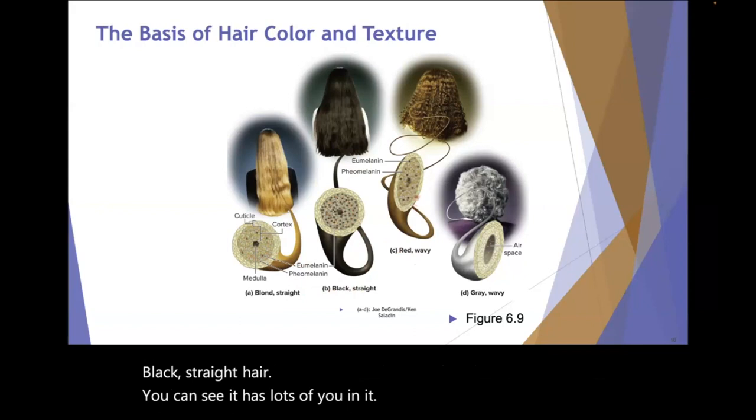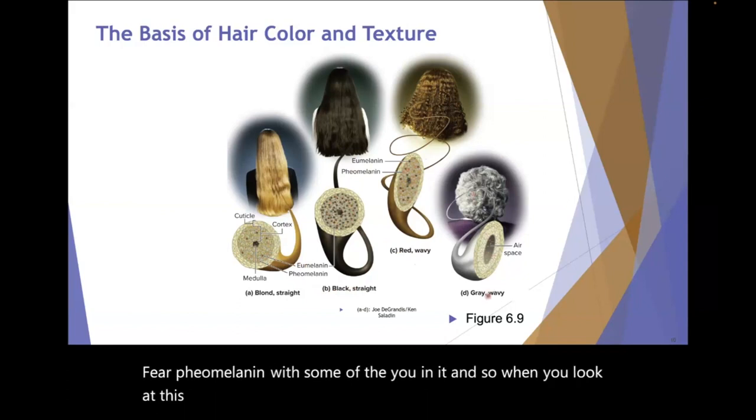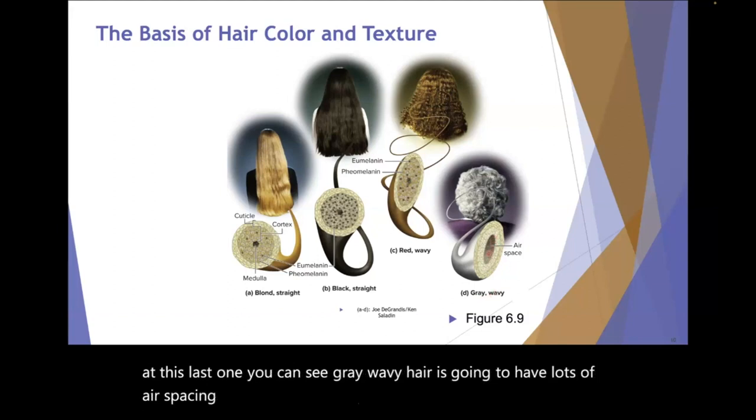Red wavy hair is going to have pheomelanin with some of the eumelanin in it. And when you look at this last one, gray wavy hair is going to have lots of air spacing within that medulla, and neither of the melanins.